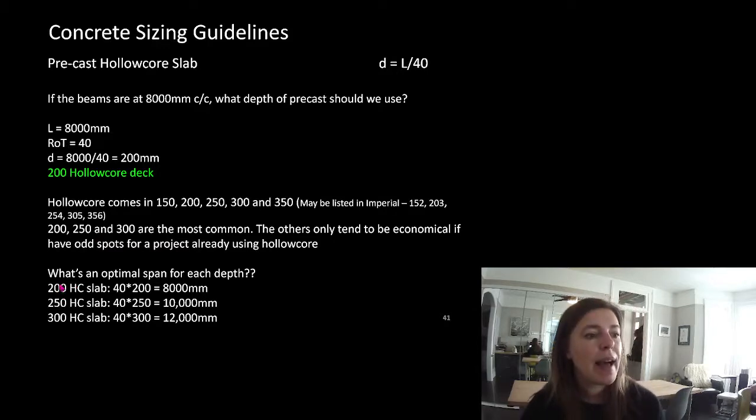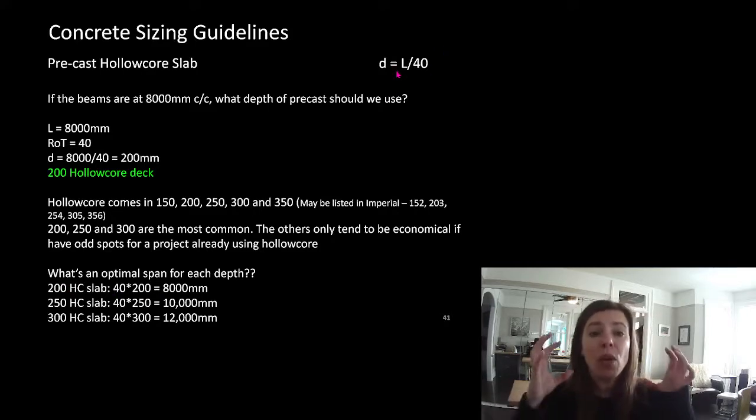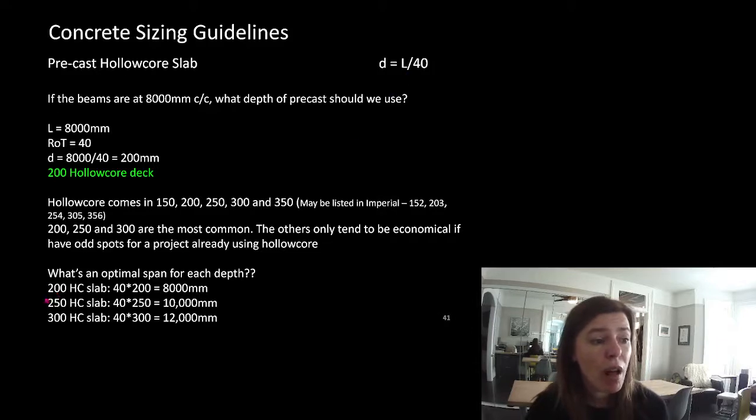Yes. For 200 hollow core slab, we take our sizing guideline and we work it the other way. If we know what depth they come in, we can know how far they can span in typical conditions. So 200 hollow core slab is going to typically be used in 8 meter or less span buildings. 250 hollow core, we could use up to 10 meters.